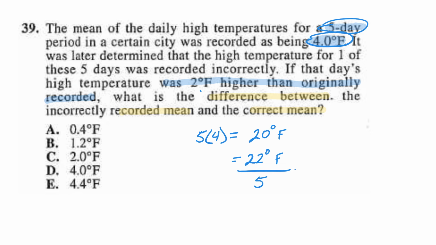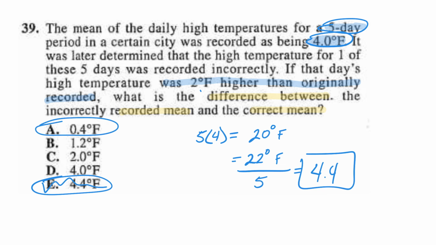We're going to divide that amongst 5 days. So when we take 22 divided by 5, we get 4.4. Don't get too excited. Choose E here, because remember what the question asks. It says, what was the difference between the correct and incorrect mean? Well, that would be 0.4 degrees Fahrenheit, because we originally had 4 degrees Fahrenheit and then we had 4.4 degrees Fahrenheit.